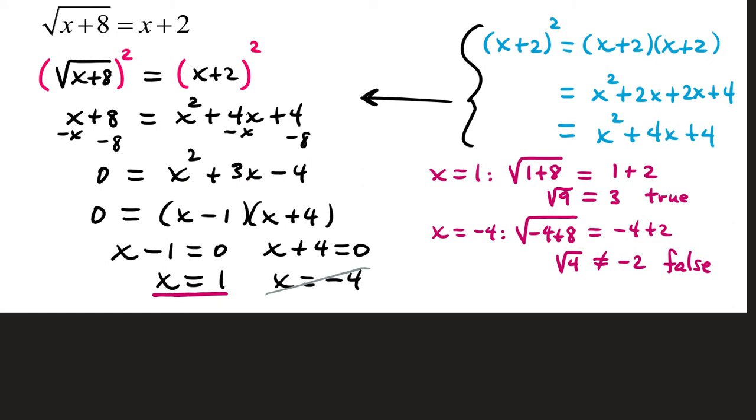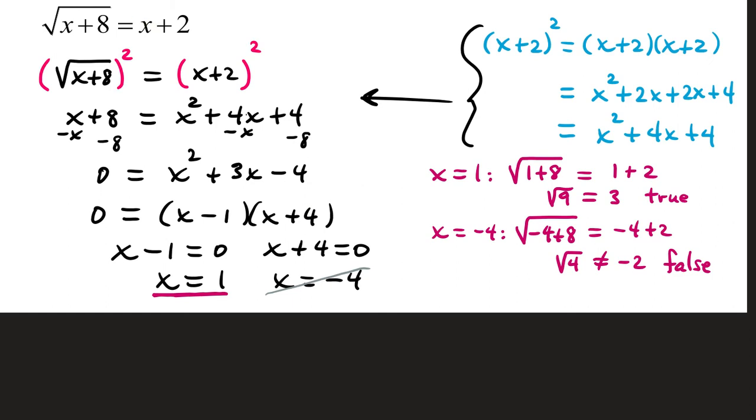This can be factored with x minus 1 times x plus 4. Negative 1 plus 4 has a sum of 3 and a product of negative 4. X minus 1 is equal to 0 when x equals 1. X plus 4 is equal to 0 when x equals negative 4.